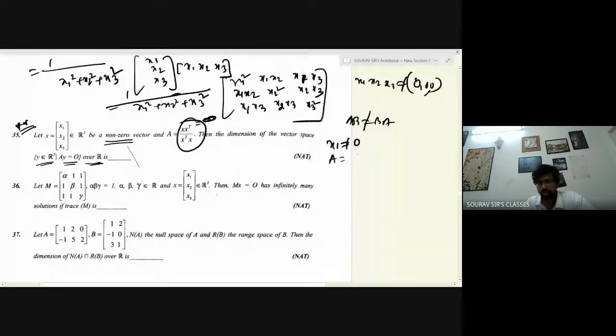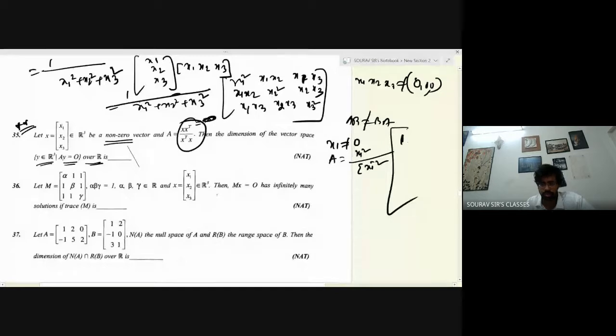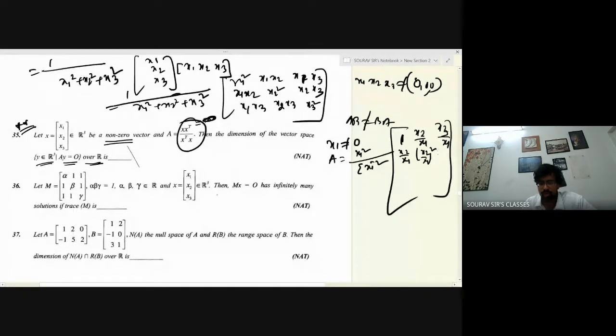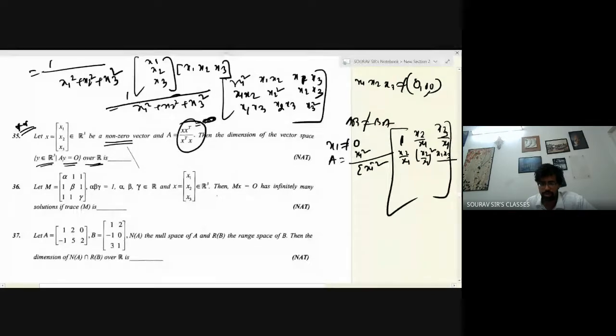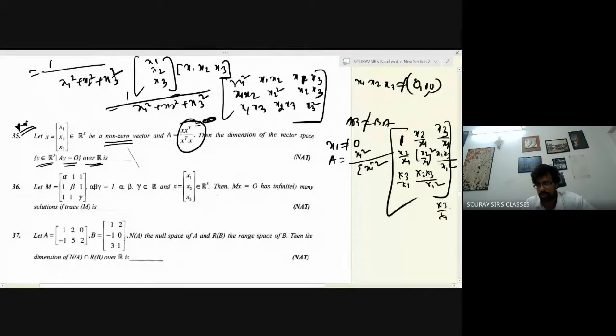So obviously A equals x1 squared times a matrix with first row 1, x2 by x1, x3 by x1, second row x2 by x1, x2 by x1 squared, x2 x3 by x1 squared, and third row x3 by x1, x2 x3 by x1 squared, and x3 by x1 squared.